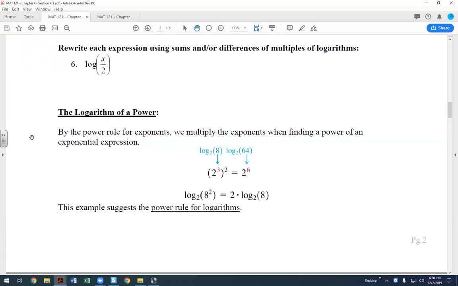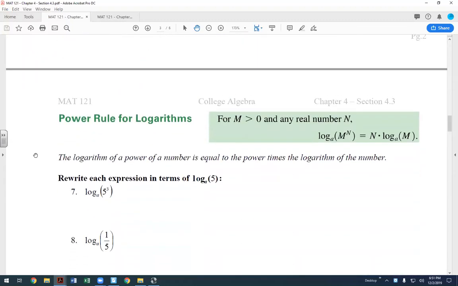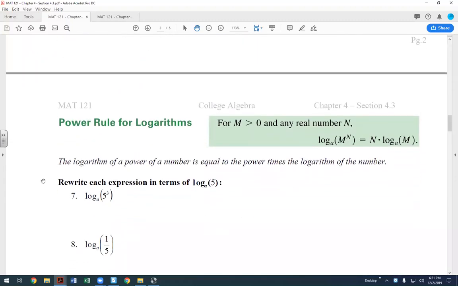Since I have 8 to the 2nd power, my 2 is also an exponent. What you're really doing is taking this number 2 and bringing it right in front of that logarithm. So you end up getting 2 in front of the log, and then you multiply 2 times log of 8 with base 2. So your power rule is basically the idea of taking this n and bringing it right in front of its own logarithm.